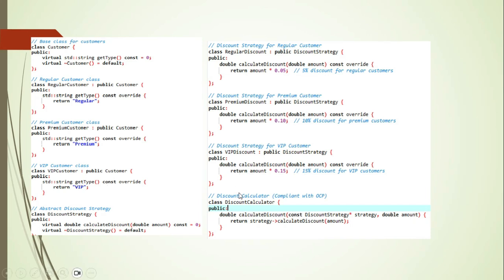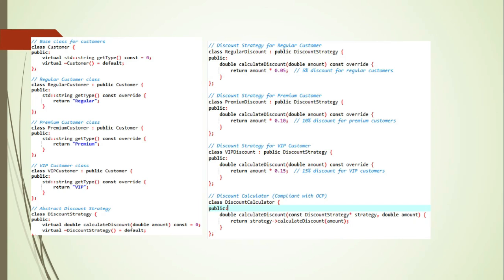Then we have another class. So you understood we have two abstract classes and 6 derived classes, which belong to different abstract classes. Now we have another class, discount calculator. The discount calculator class is responsible for calculating the discount.